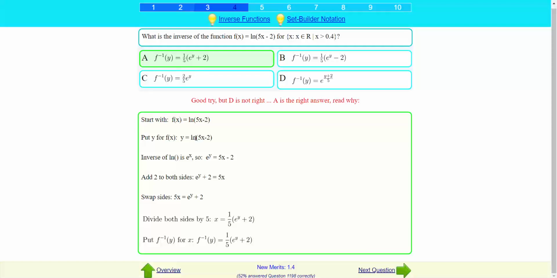Just take a step back: x squared gives you the square root of y, right? So that's the inverse. And e to the power of x gives you the ln of x. Is that it?